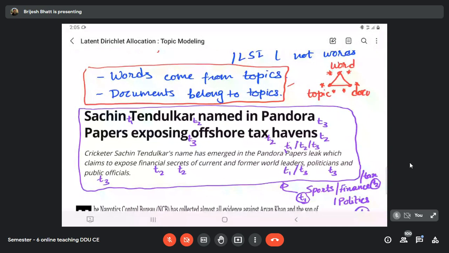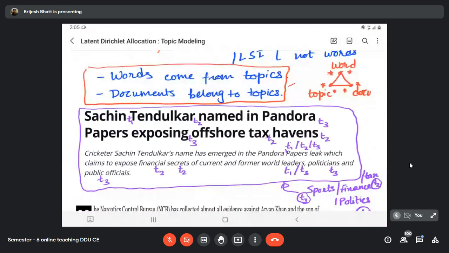In our probability language, we would say probability of finance given Tendulkar, probability of politics given Tendulkar, probability of sports given Tendulkar. Similarly, probability of sports given Pandora, probability of finance given Pandora, probability of politics given Pandora. So by looking at the word, we want to calculate this probability of topic.